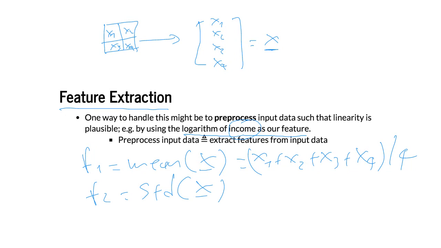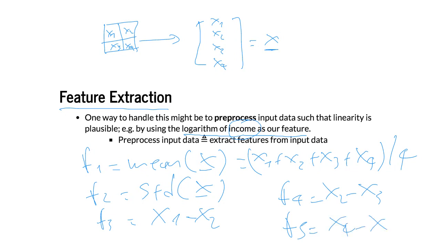Then another feature could be a difference, and this is heavily used in image processing. So you may want to take the difference x1 minus x2. Then f4 could be, for example, x2 minus x3. f5 could be x4 minus x5.